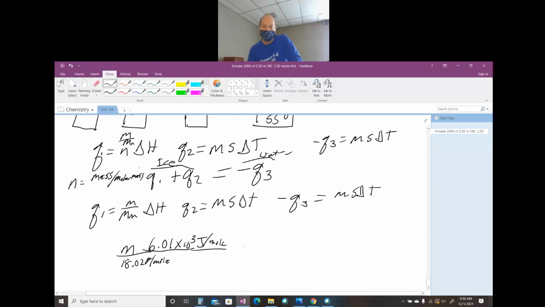So plus my Q2 here is the mass of the ice, which is what we don't know. The S value is given, 4.18 joules per gram degree. They put degree Celsius, I just put degree. And so delta T, temperature final, 15 degrees Celsius is our final temperature, minus, we are starting at 0. This is the ice. All right. And so that is equal to negative Q3.